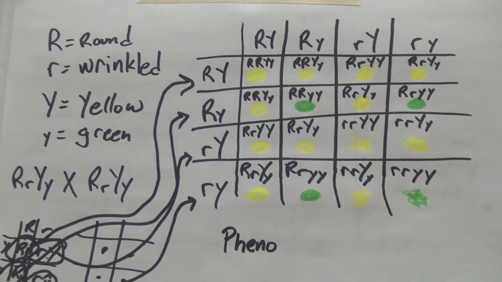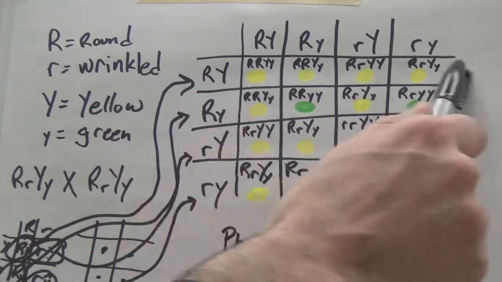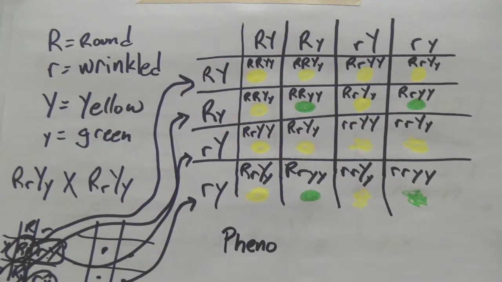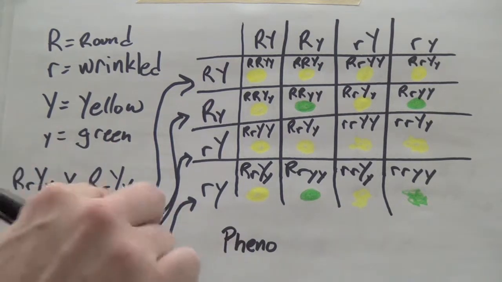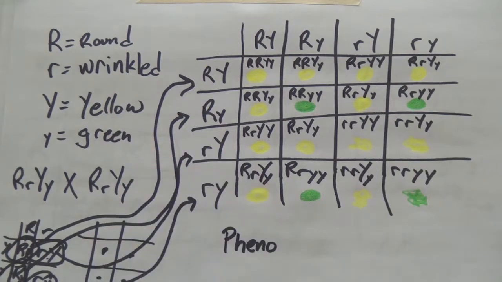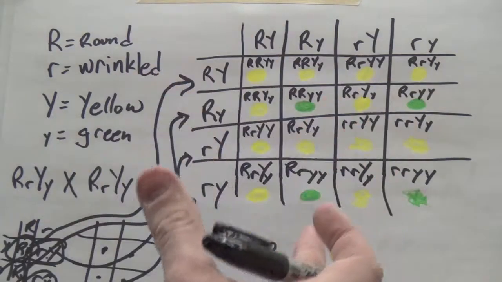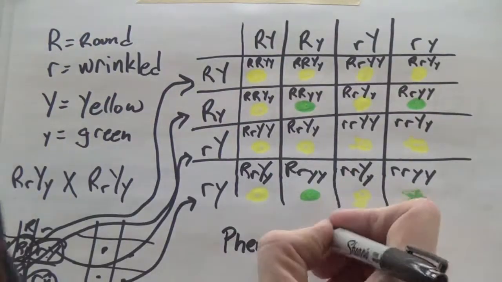Okay, so these peas, no matter how frail they look, we have our genotypes written up here and the following phenotypes. So what's the phenotypic ratio here? For a dihybrid cross of heterozygous parents, all you have to do is count. How many round yellows do you see? 1, 2, 3, 4, 5, 6, 7, 8, 9.